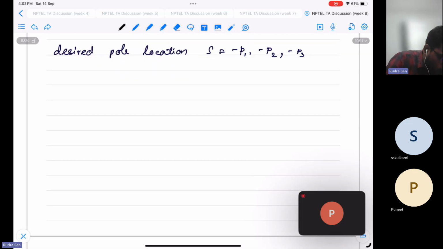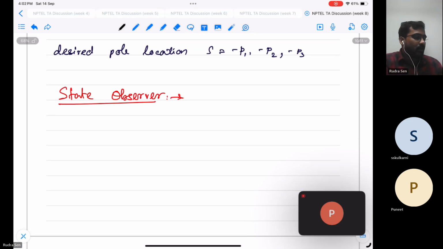Okay, so now move to the state observer. Right now, we have already considered, to design a state feedback controller, that we can measure all the system states.